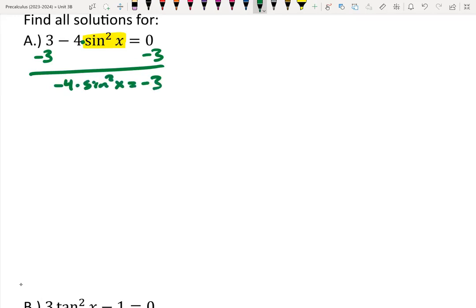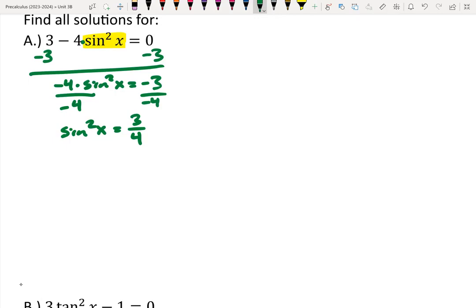And then after that, Daniela, what would I do? Divide by the negative 4. So I get sine squared of x is equal to 3/4. All right, usually at this point we then looked at our unit circle. Is there a 3/4 anywhere on our unit circle?